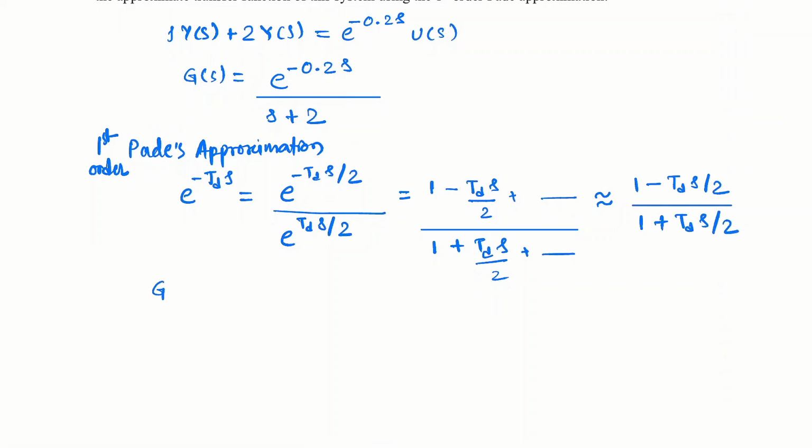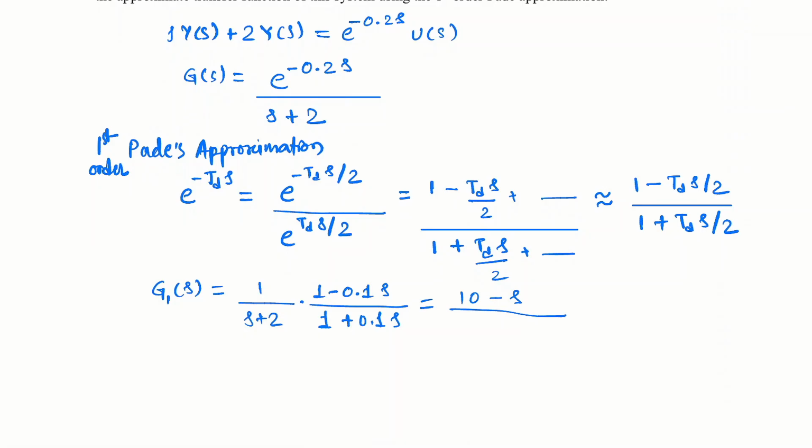So the approximate transfer function, say G1 of s, would be 1 over s plus 2, and from the Pade approximation we will have 1 minus 0.1 s over 1 plus 0.1 s. We can multiply by 10 in the numerator and denominator to get 10 minus s in the numerator and s plus 2 and s plus 10 in the denominator. So this is the first order Pade approximation of G of s.